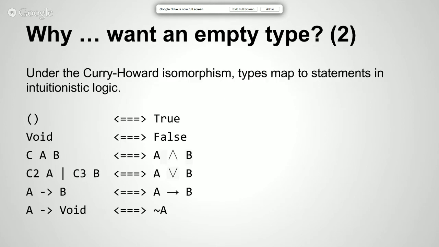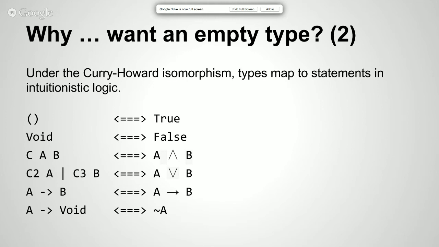Another reason for it to exist is because types are actually mappable to statements in a logical system called intuitionistic logic. Your unit type, you always have a unit type, so that's true. Void is false. A single constructor that is a product type of an A and a B, well, having a C in that case means that you have an A and a B. So that's a conjunction.